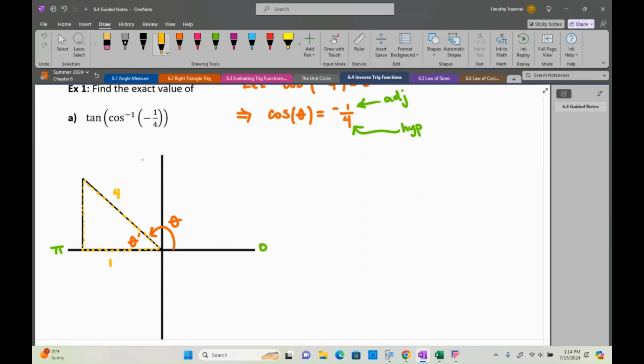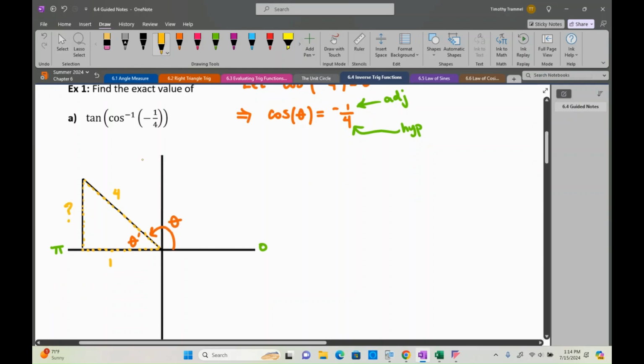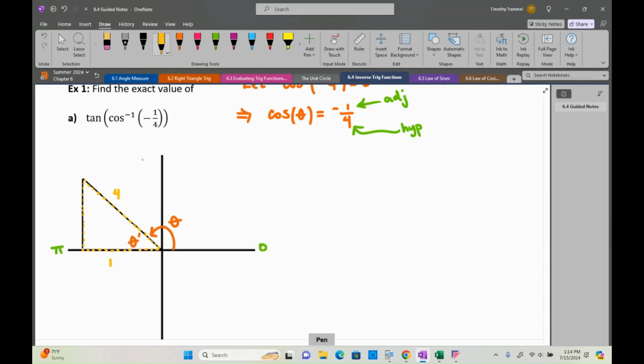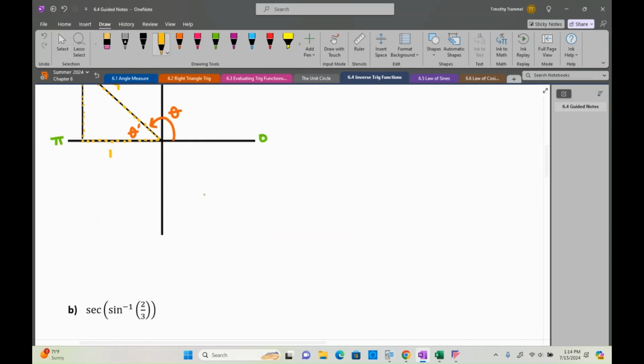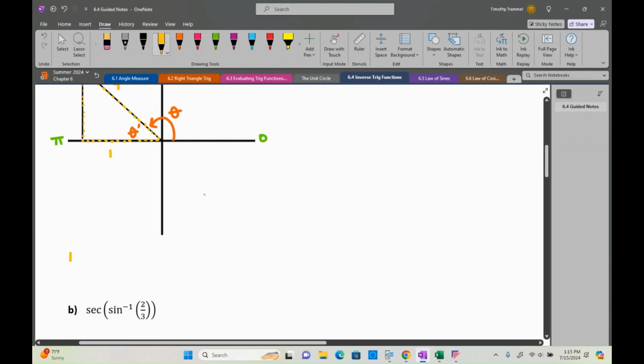Now, I'm going to need this side over here, this opposite side. Well, we could use our Pythagorean theorem to find that. We'll just call that y. So we have 1 squared plus y squared equal to the hypotenuse squared, and the hypotenuse was 4.